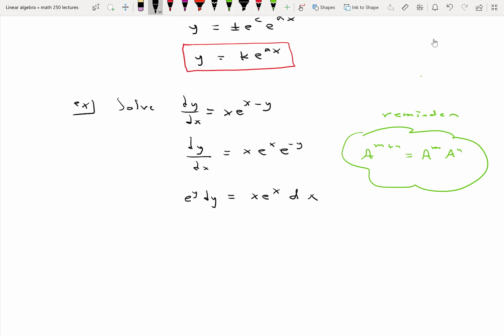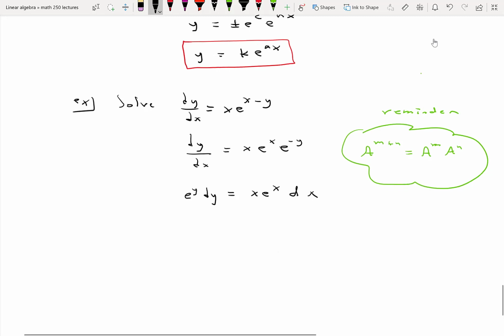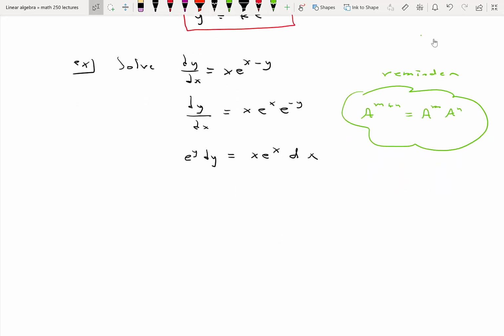The reason I chose this is as a gentle reminder that we have to remember how to integrate. So this course has Calculus 2 as a prerequisite. In Calc 2, one of the two big things you did was integrate. So we need to be able to integrate.